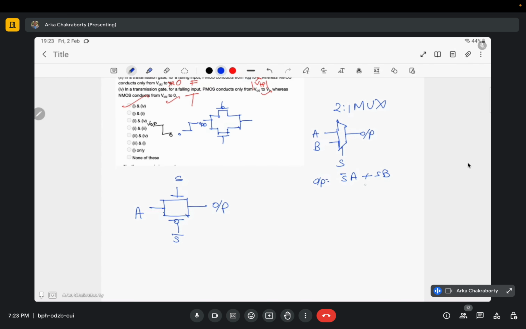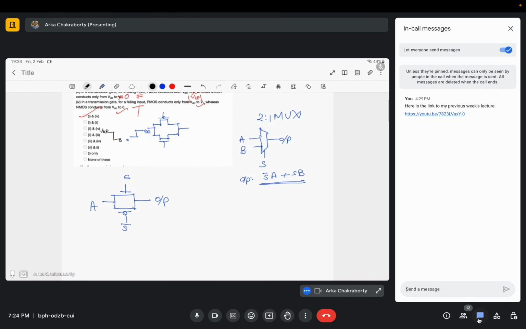Now if I want to design this circuit using CMOS logic, how many gates will I be requiring? Let me consider S and S bar both are present, so I don't need an inverter to get S bar. How many logic gates will be required to get this output S bar A plus SB? Anyone? Don't get shy, anyone can just unmute yourself and tell me.